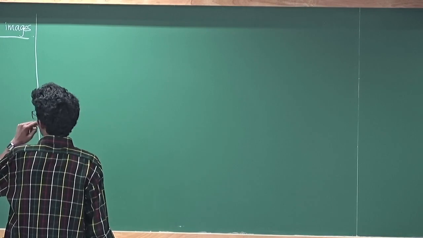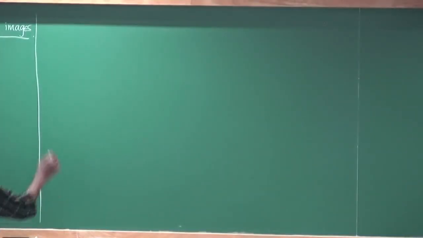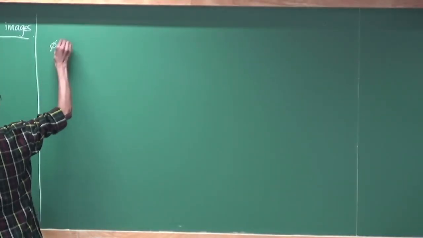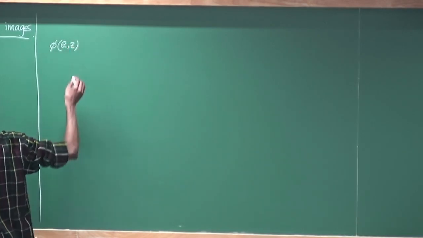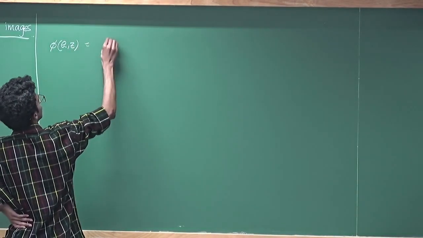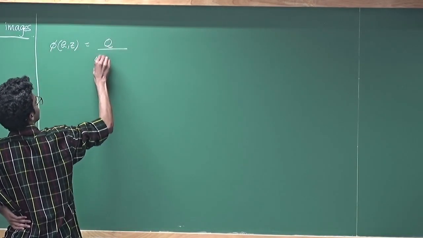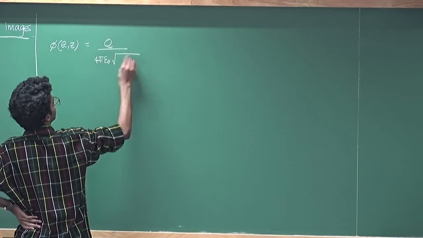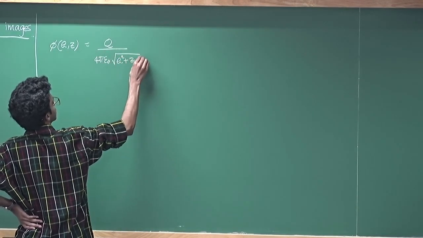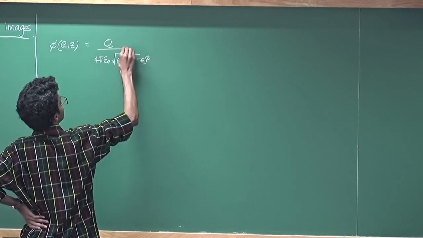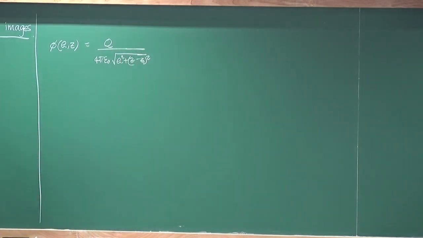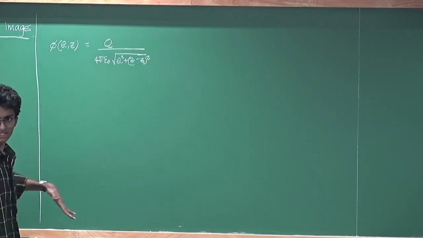So let's write it down. The potential at any point is due to the point charge q, which is basically the Coulomb Green function, q by 4 pi epsilon naught square root of rho squared plus z minus z naught whole squared, and due to this surface charge density sigma.